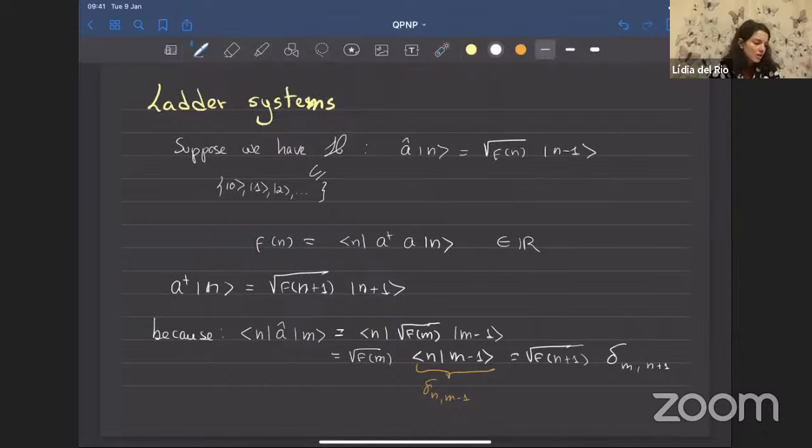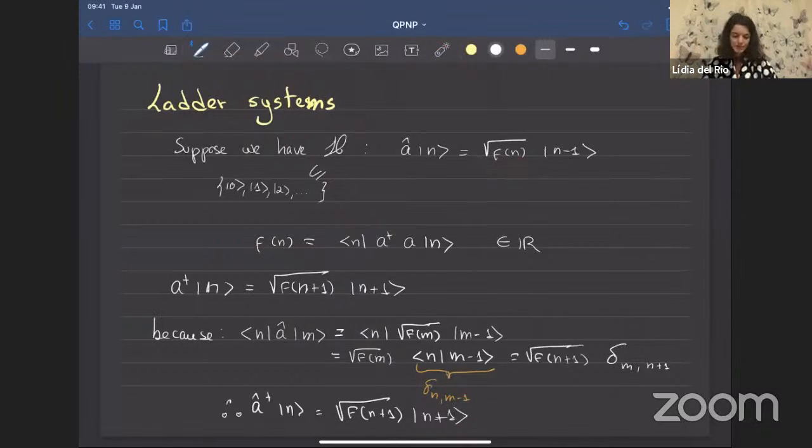Okay. So what we get from here is that A applied on n must be the square root of f of n plus 1 and n plus 1.